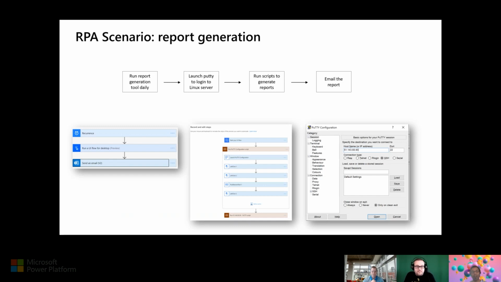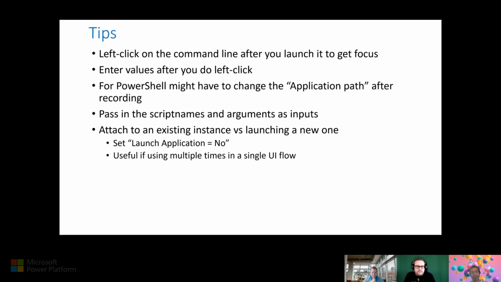So here's an example of how you can use command line in an RPA solution. And I'm going to be covering these tips and tricks around automating command line and PowerShell interfaces.